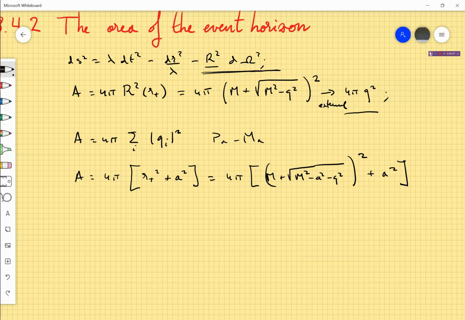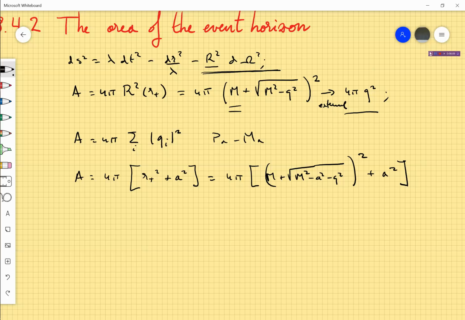Anyway, this area always grows with time. In the meantime, anything can happen. Black holes can merge. You can imagine matter falling into the black hole. In that case, it is kind of obvious that the area grows, because it is always more or less proportional to the mass squared. But in black hole mergers, this is not so clear.